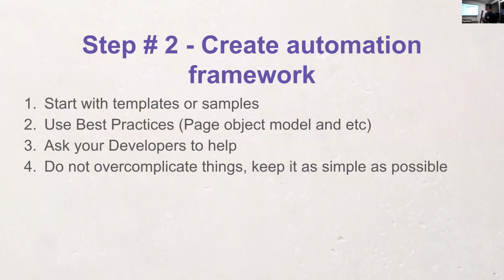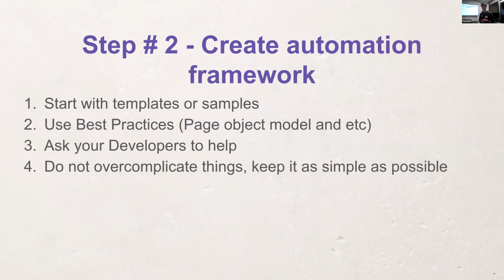Let's go next. Step number 2, create an automation framework. This will be a more complicated thing, and also very important, because if you build a really strong, robust framework, it will be easier in the future for you to change your tests, change the logic, change the code, and all of that stuff.